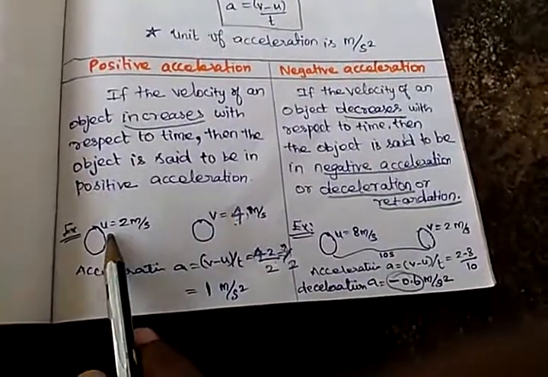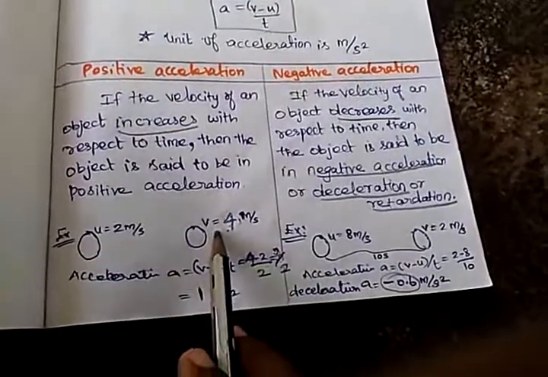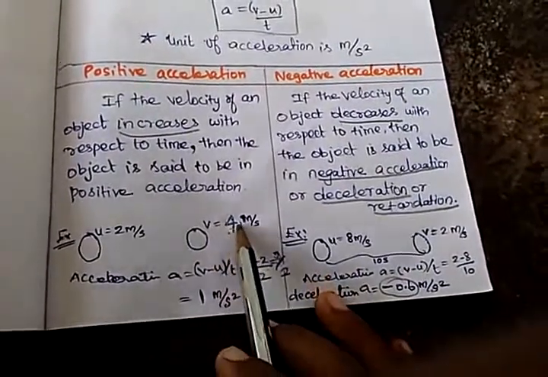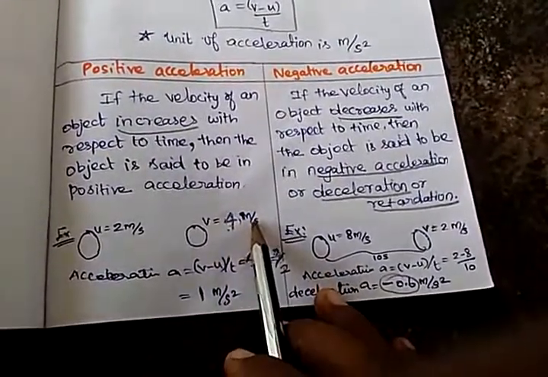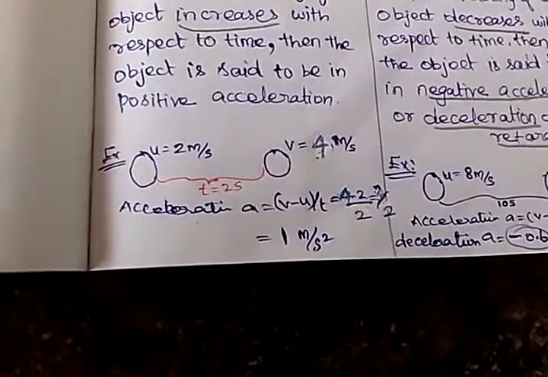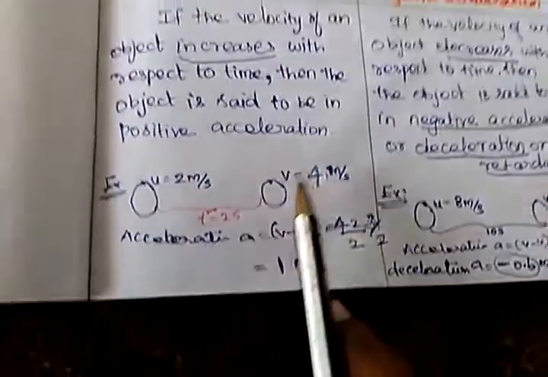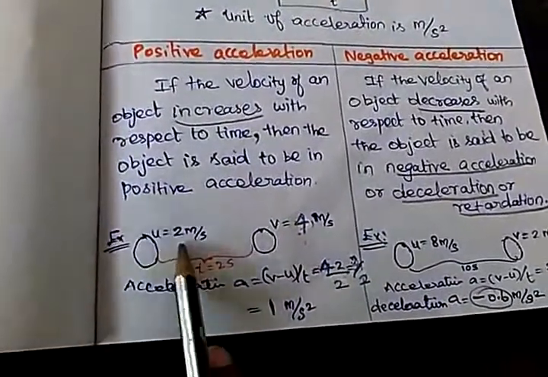Here the initial velocity u is equal to 2 meter per second and the final velocity v is equal to 4 meter per second. Here the velocity increases.